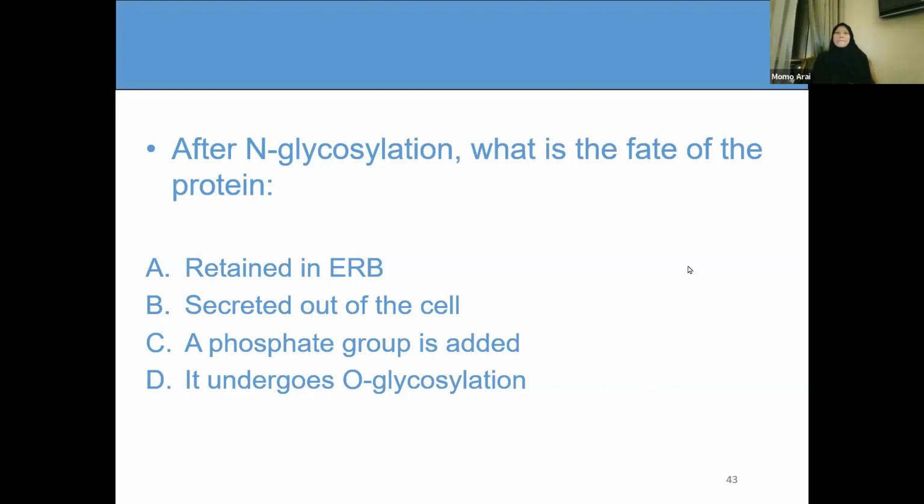Does anyone remember where O-glycosylation happens? Yeah, Golgi apparatus. So the question would be kind of different. It would get out of the Golgi, so it's the same answer, but the place is not the same as the end.